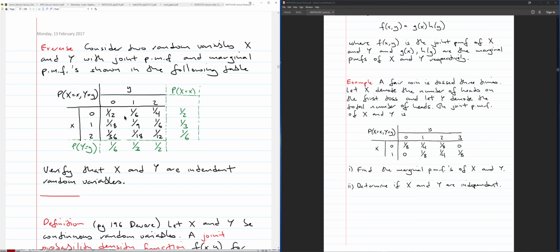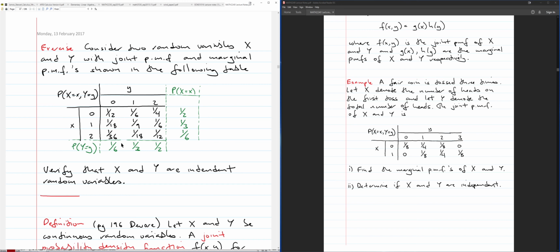So if your PMF corresponds to when x and y are independent, the probabilities in the rows would need to be multiples of each other, and not just the rows, the columns as well. Because if, for example, you look at your first column and your second column, you can get your second column from your first column by multiplying it throughout by 2.